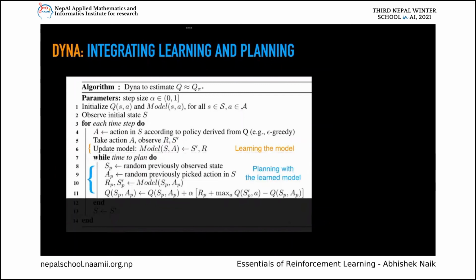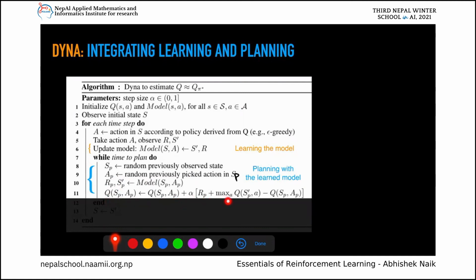Then I have a loop which randomly picks a previously observed state and a previously picked action in that state. There should be a subscript P there. I consult my model and ask, what happens in state S_P when I take action A_P? The model tells me that from our experience, it usually ends up with reward R_P and S_P prime.